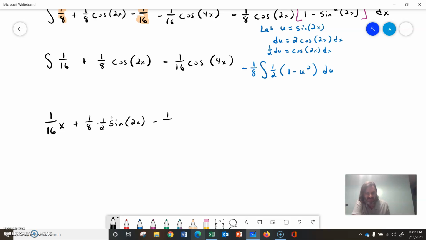Then we have minus 1/16. The cosine of 4x will go to the sine of 4x and put a 1/4 out front. And then my little u substitution over here, I'm going to pull this out and have 1 minus 1/16 out front. And it'll be times u minus 1/3 u cubed. And then this will be a big old plus c.